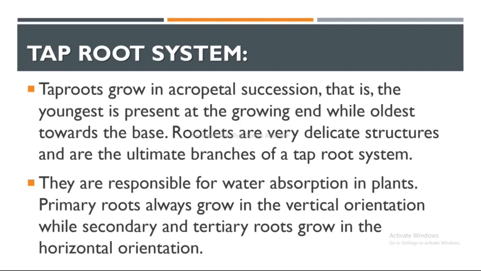Rootlets are very delicate structures and are the ultimate branches of the taproot system. They are responsible for water absorption in plants. Primary roots always grow in the vertical orientation, while the secondary and tertiary roots grow in the horizontal orientation.